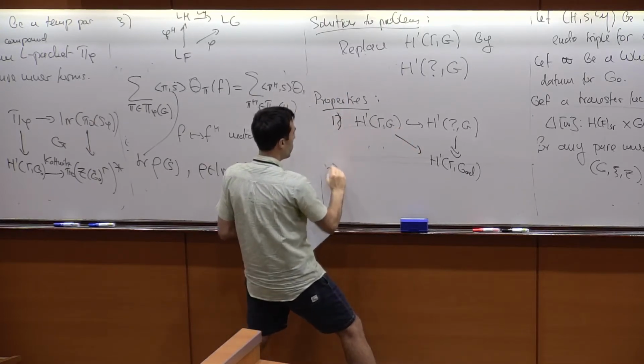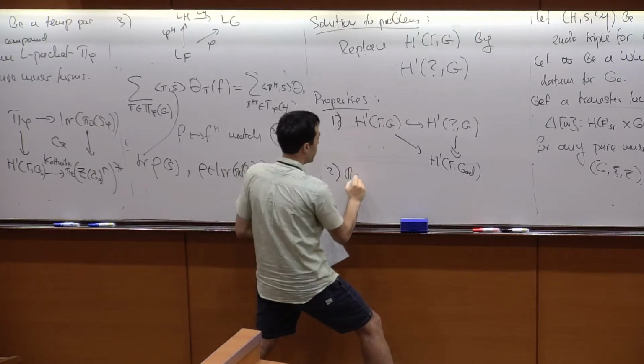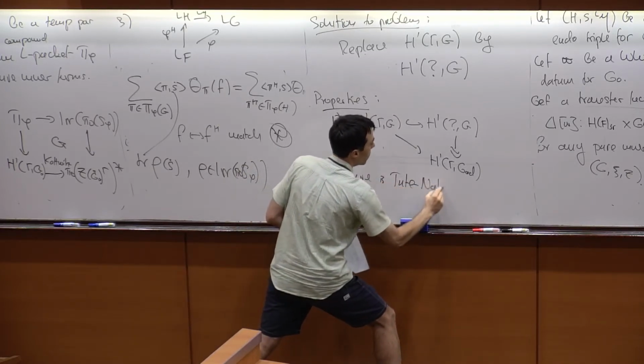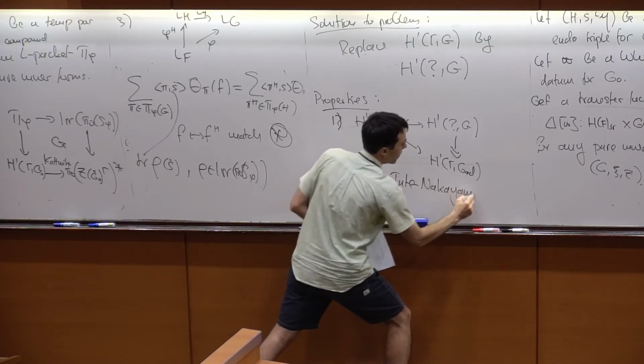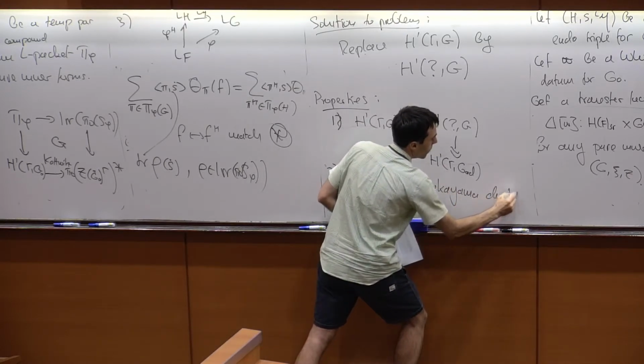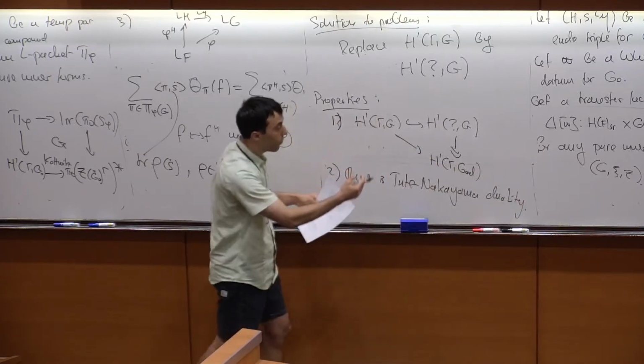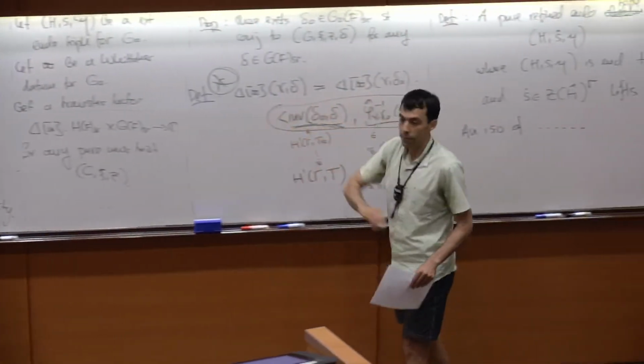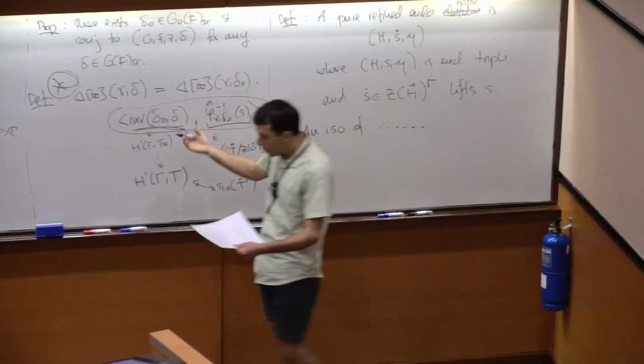This is 1. 2, there is Tate-Nakayama duality for this Galois cohomology set, so that we can form such a pairing here that would allow us to extend the transfer factor.